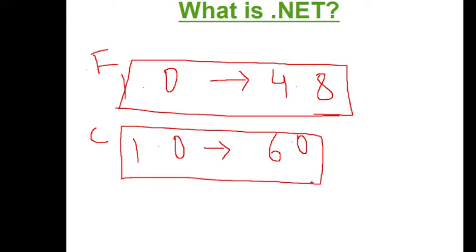Now if you want to ask what is the difference between .NET Core and .NET framework? The .NET framework is the older one, which supports only one operating system, that is Windows.